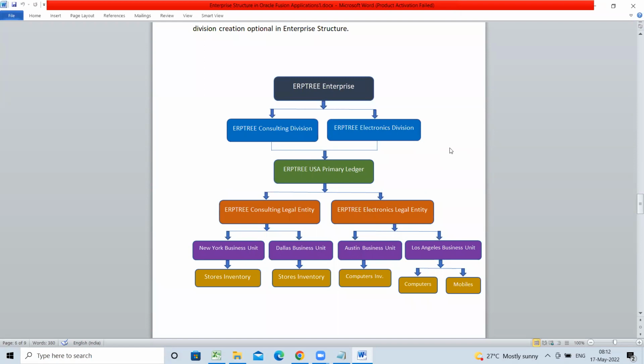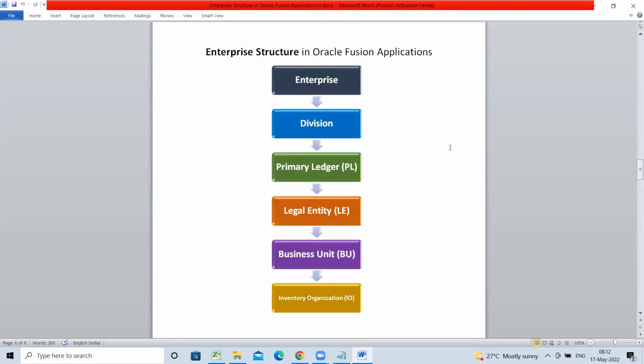Here, the client is running the business in the US and they have two different divisions. Division wise, they have a registration.